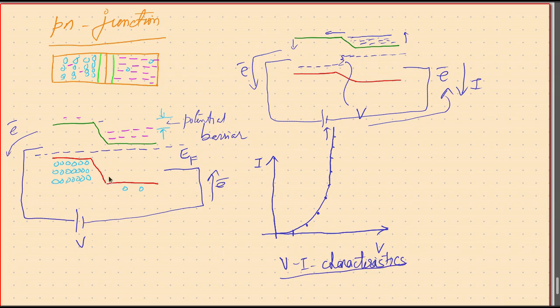This whole thing, instead of looking at it as an energy diagram, or as a p-type, n-type material, you can just imagine this as a barrier where there is a water tank here and we have a barrier here.